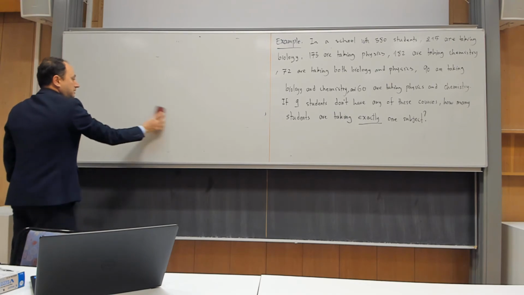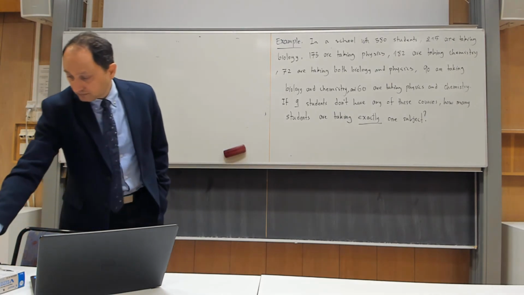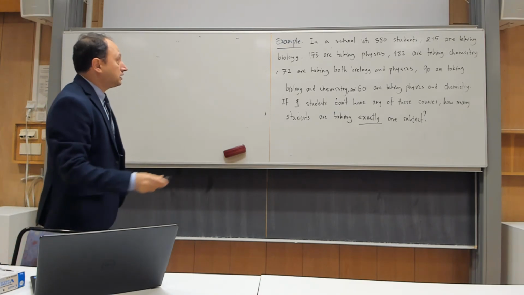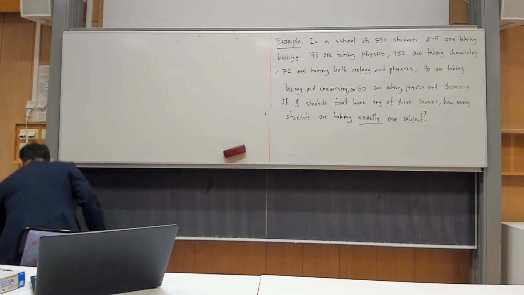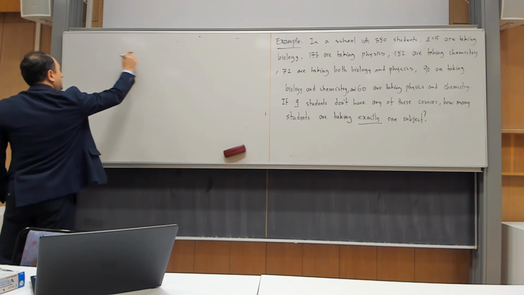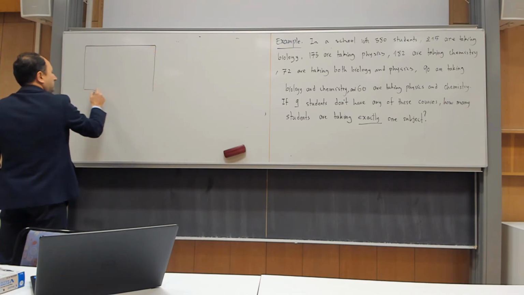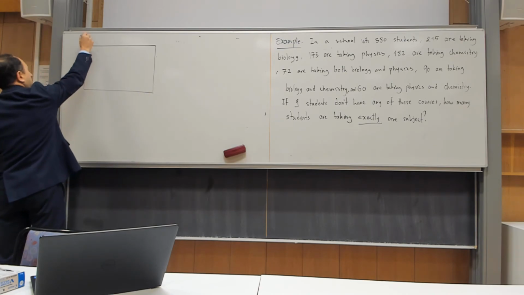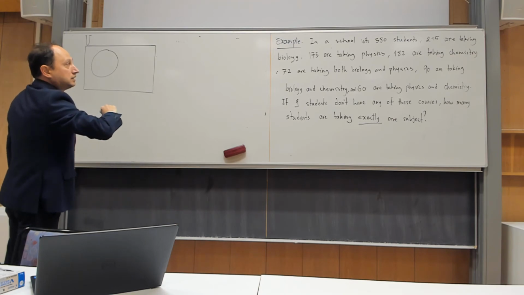So I will use the method of Venn diagrams here, if you don't mind. In a school with 380 students, let me draw this universal set; here is the school. Then we have 3 subjects: biology, physics, and chemistry.